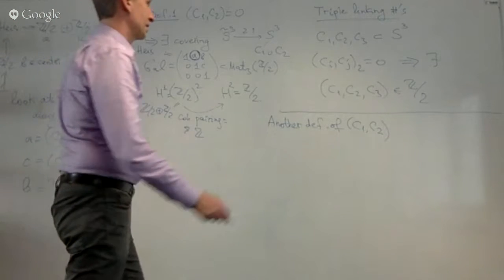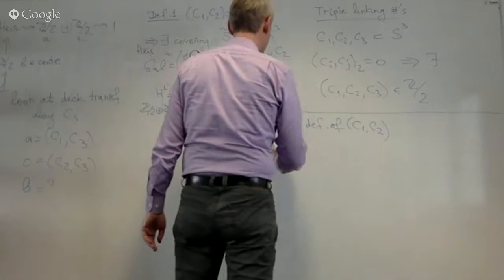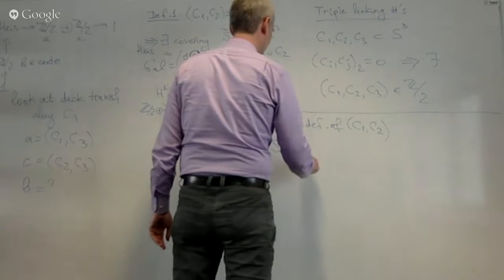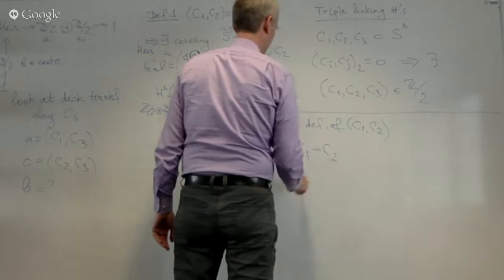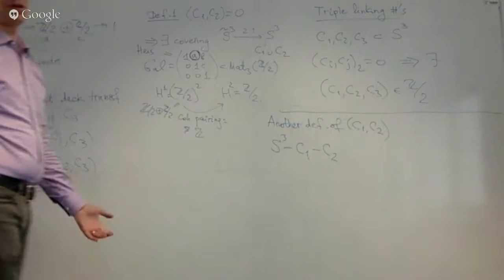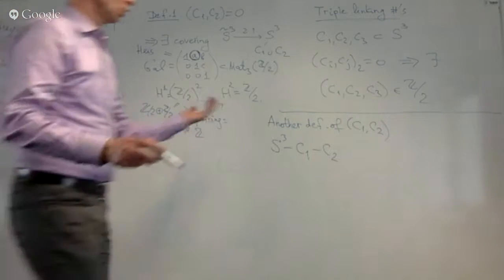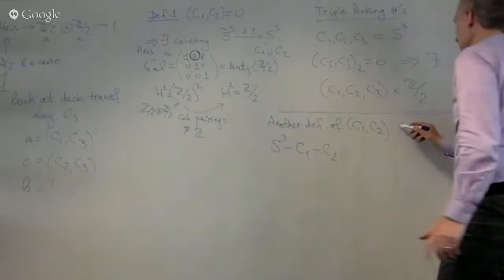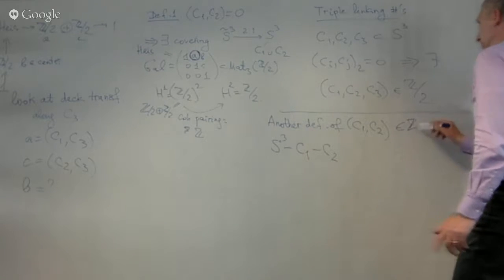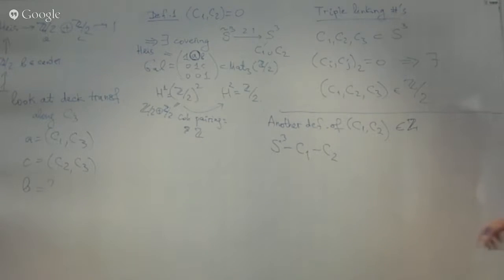First of all, let's consider S3 minus C1 minus C2. So let's take them away, and define it as an integer. That's it, right? And look at homology.